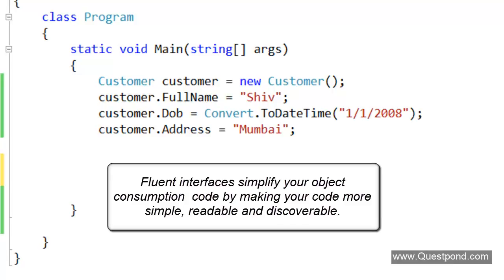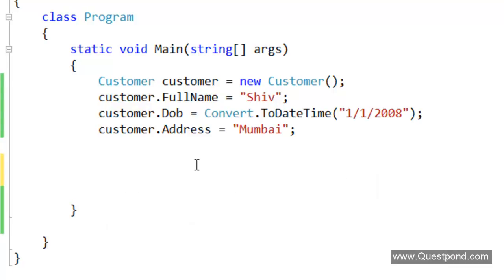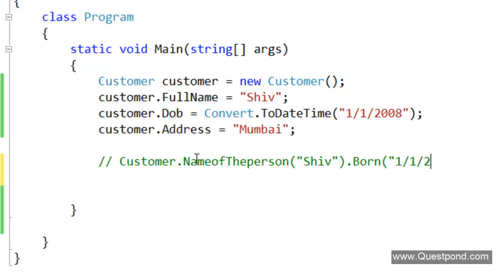Fluent interfaces simplify your class consumption code by making your code more simple, readable, and discoverable. So for instance, over here, where we are creating the customer object by using the new keyword and doing a lot of things, what if we could say something like this: customer dot name of the person is Shiv, born 1/1/2008.